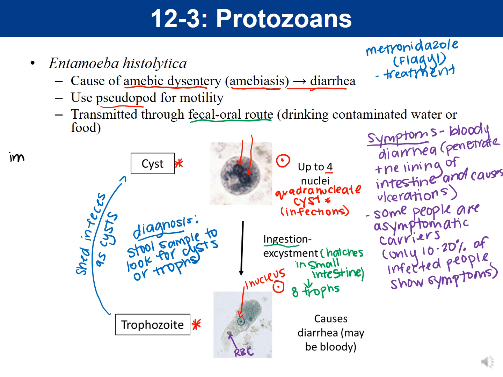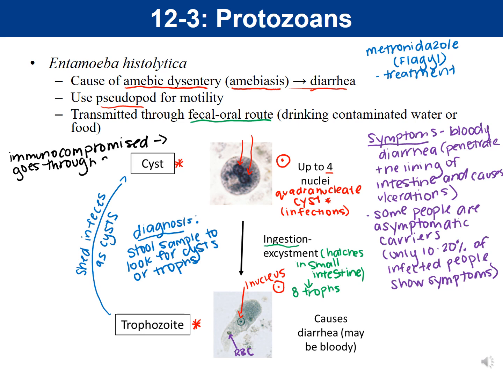So in immunocompromised, what happens is, the problem is that the parasite is able to burrow through the small intestine, goes into the brain, and this causes amoebic encephalitis, which basically is swelling of the brain due to this parasite, and ultimately it leads to death.